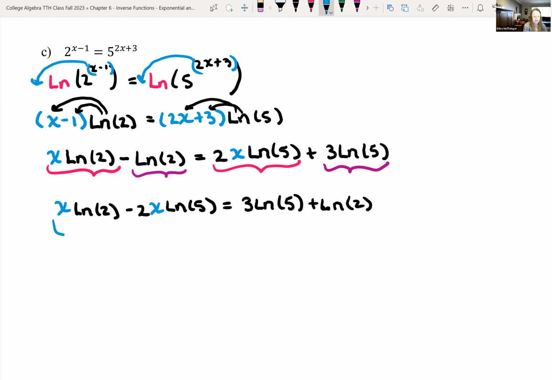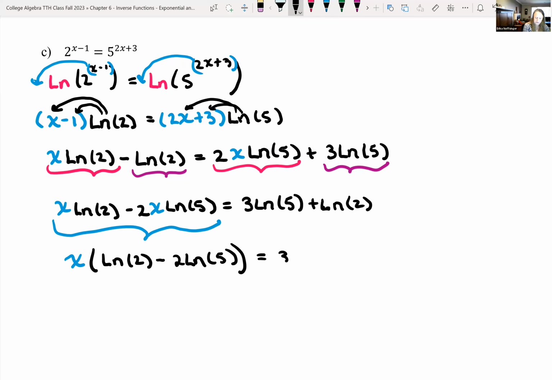So we can factor out an x here from both of those terms. If we pull out an x from both of those terms, we're left with the x times the quantity of the natural log of 2 minus 2 natural log of 5 is equal to 3 natural log of 5 plus natural log of 2.